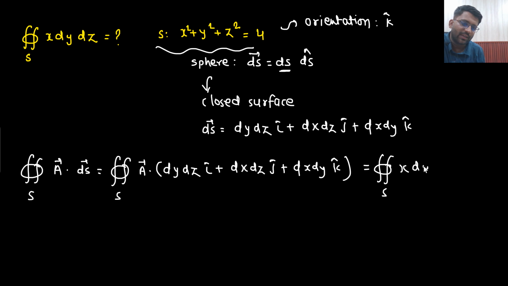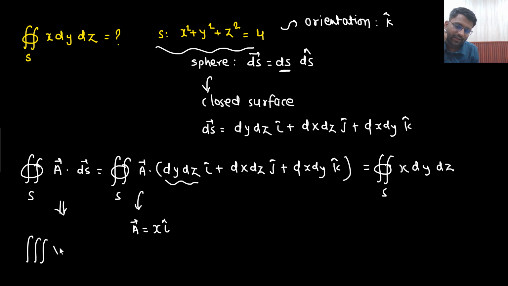So you just look for the term x dy dz. This is your x, this is your dy dz. So what has to be the vector? From here I can directly conclude that a has to be x i cap. Then I know that a dot ds I am supposed to calculate will be equivalent to nothing but del dot a dv.